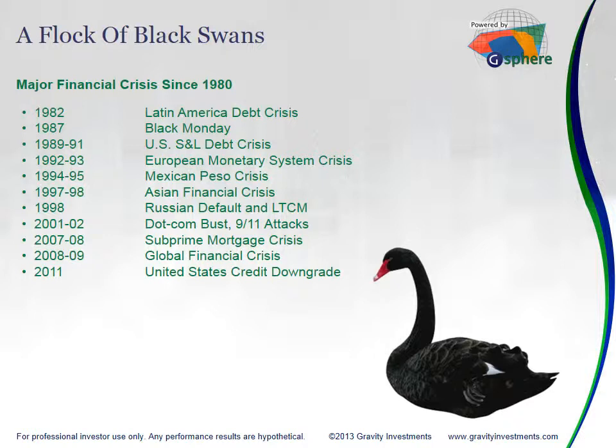They seem to pop up every couple of years, and each one is unique in what asset classes and instruments it picks on the most. But they do tend to have this contagion effect where correlations come together and diversification becomes less effective.